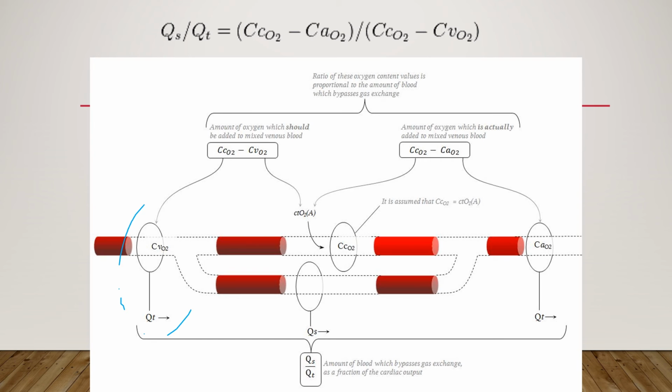The first bit is the blood flow that enters the lung and has the following oxygenation. Then you have the blood flow that goes through the lung, and that is represented by a fraction which is shunted, and an area that goes through the pulmonary capillaries.